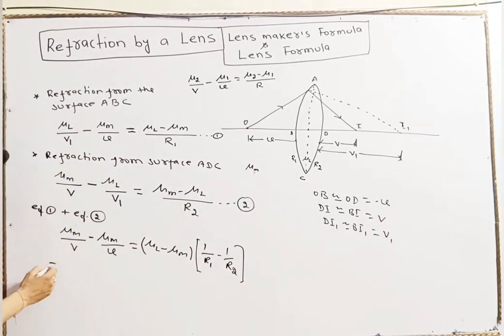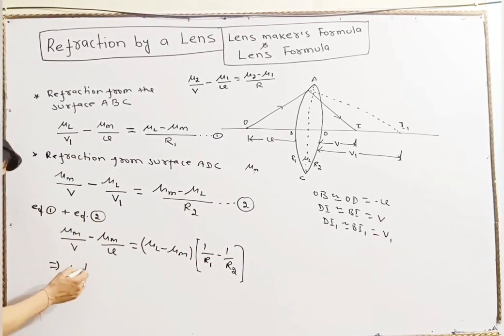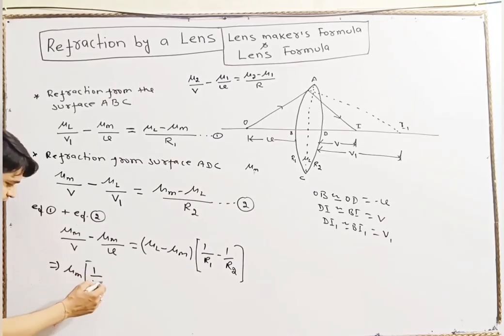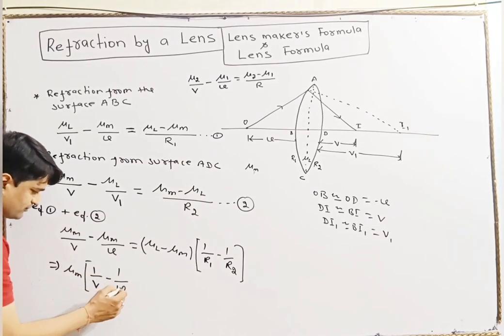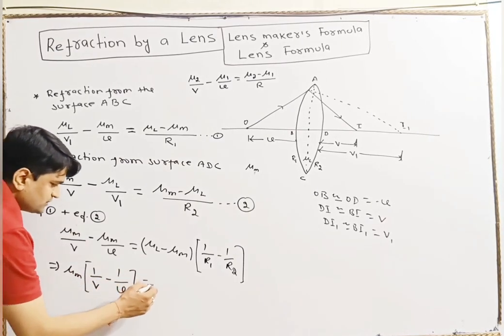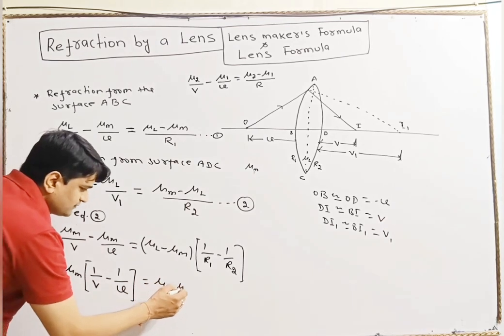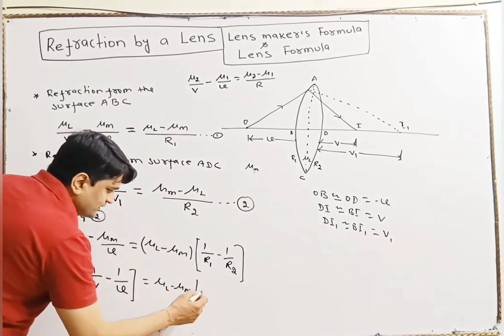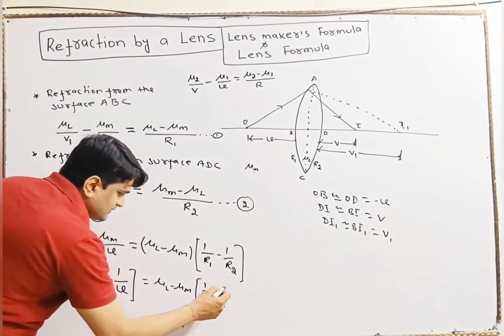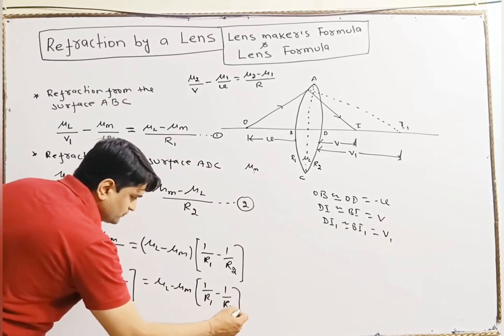Now mu M is common on the left, and it will be mu M times 1 upon V minus 1 upon U, and that is equal to mu L minus mu M times 1 upon R1 minus 1 upon R2.